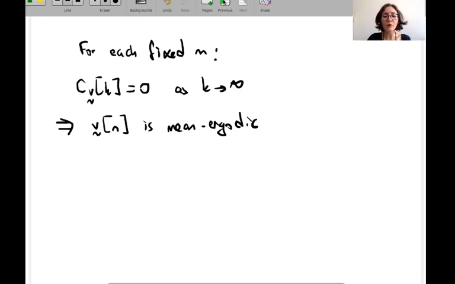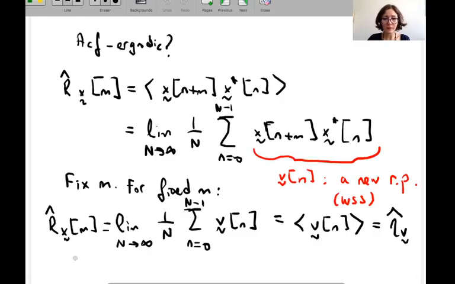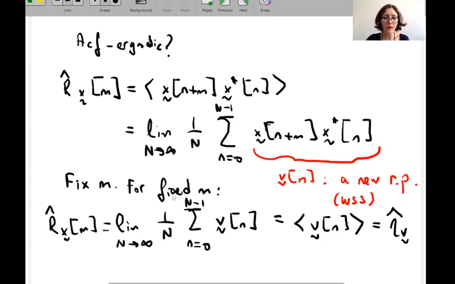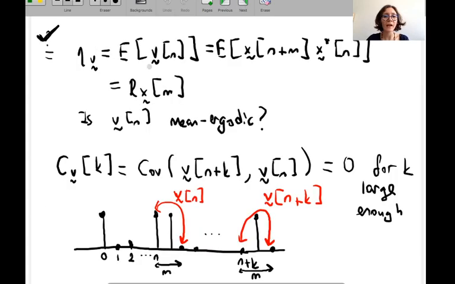But then back to our reasoning here. Following all these chains of equalities, now we have just concluded this last equality. So V is mean ergodic, so the time average estimate of the mean is really equal to the mean function. So we have actually confirmed that this equality holds. But then since this equality is confirmed, now we conclude that the time average estimate of the ACF of X, which is here, is equal to the true autocorrelation function.